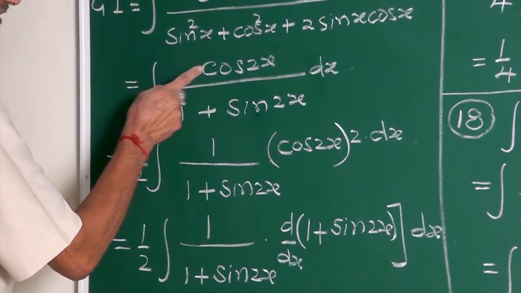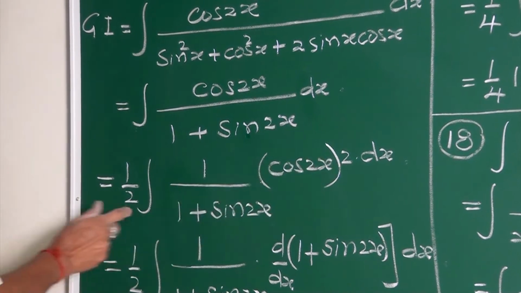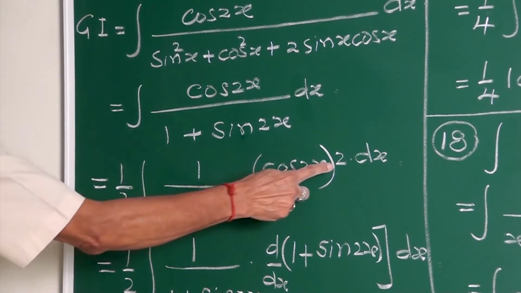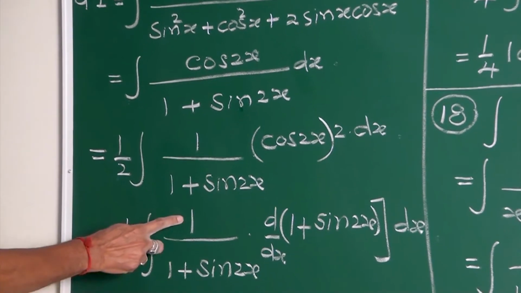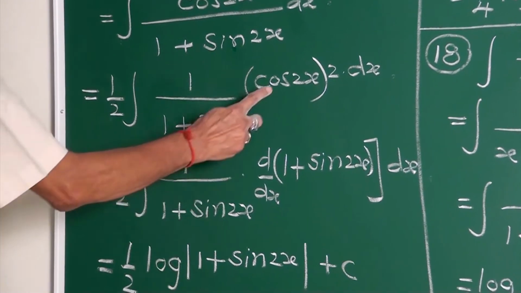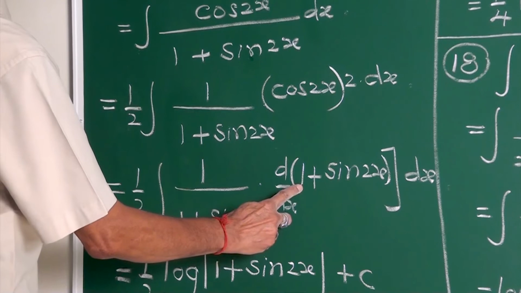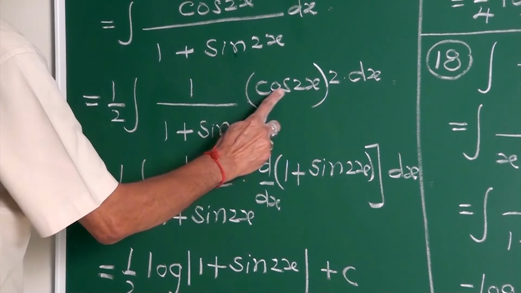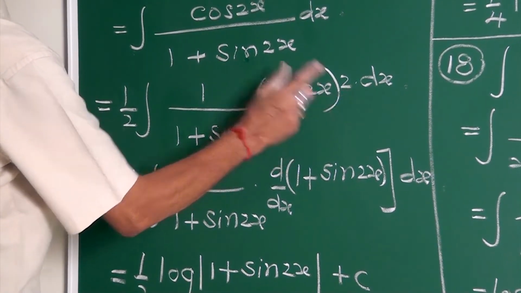This 2 is not in the numerator, so adjust it: multiply by 2 in the numerator and divide by 2 in the denominator. Now 1 upon 1 plus sin 2x remains, and cos 2x into 2 is nothing but the derivative of the denominator.